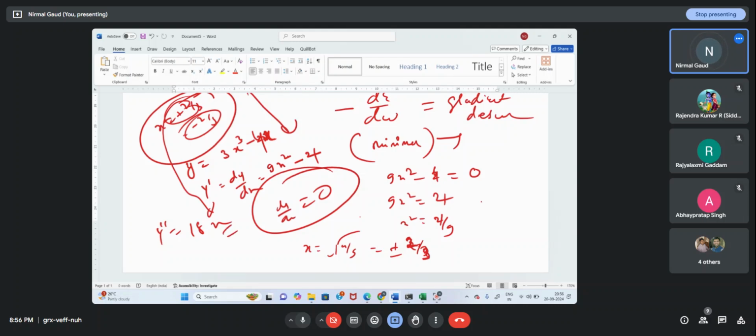If the double differentiation is greater than 0, there will be a minima at that particular point. If it is less than 0, there will be a maxima at that point. So we are looking for the maximum and minimum value of a function, where it could have a minima and where it could have a maxima.